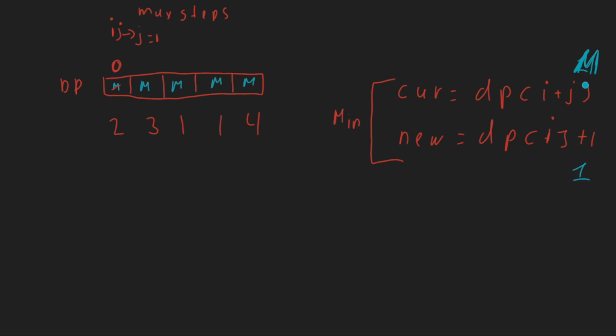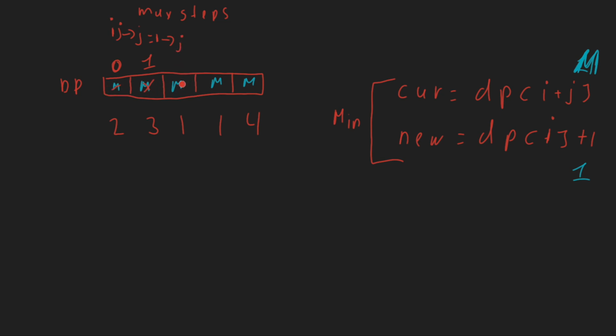Our current value dp[i+j] is not 1 but max. So we take the minimum between max and 1, and we update this value to 1. Now we move j because we can go 2 steps, so j is equal to 2.